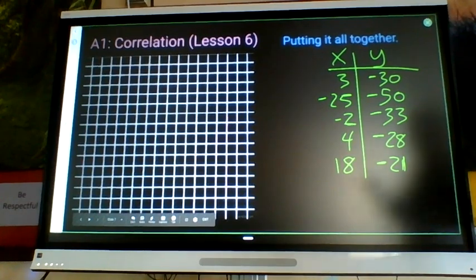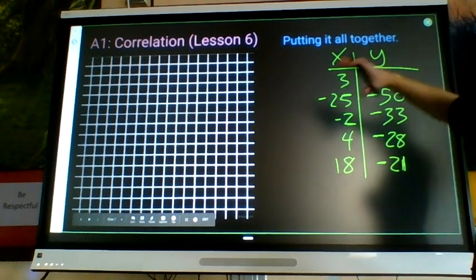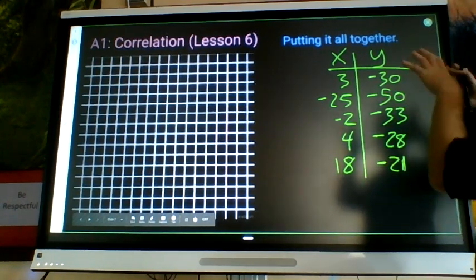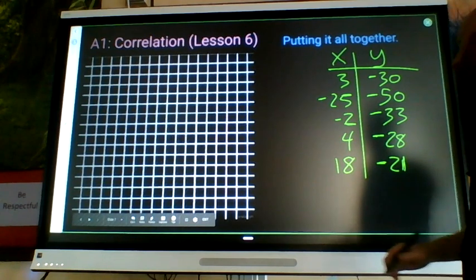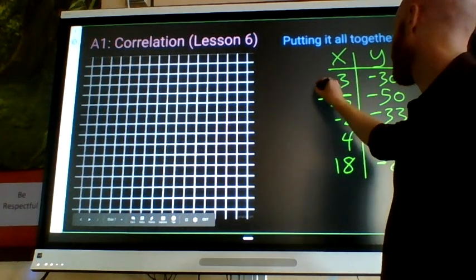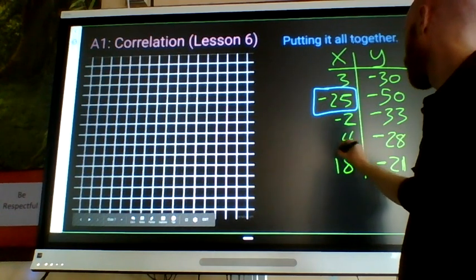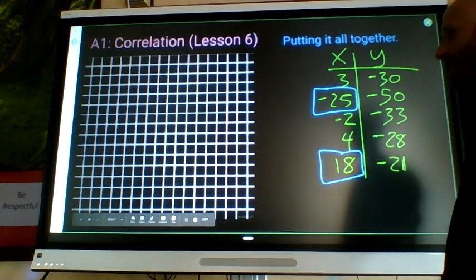Putting it all together, you're going to be given a set of data in class. You're going to be given the responsibility to get that data onto a scatter plot and then describe the correlation. So we are identifying our lowest and highest x values, negative 25 to 18.